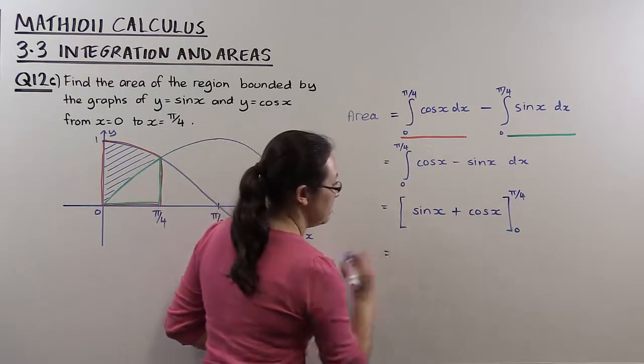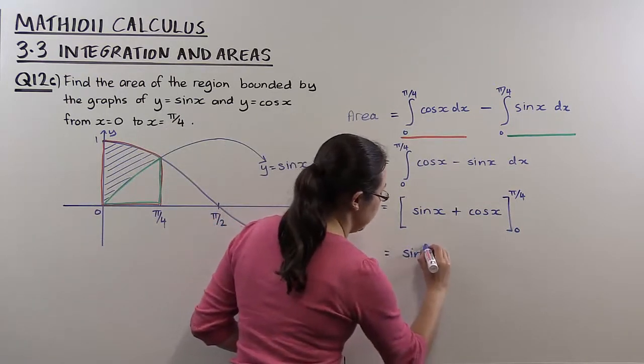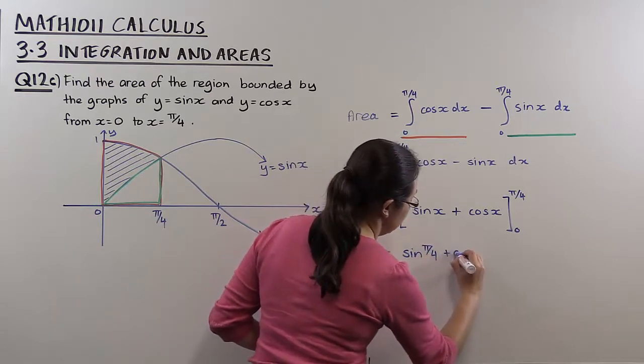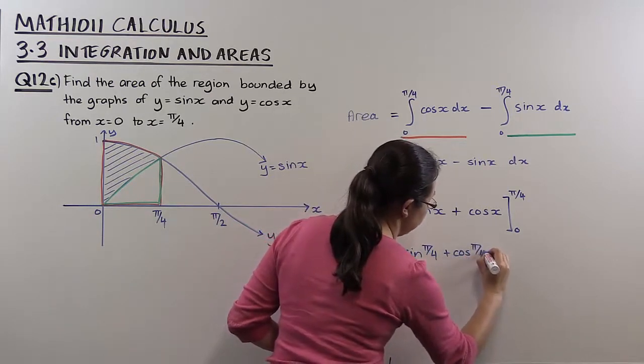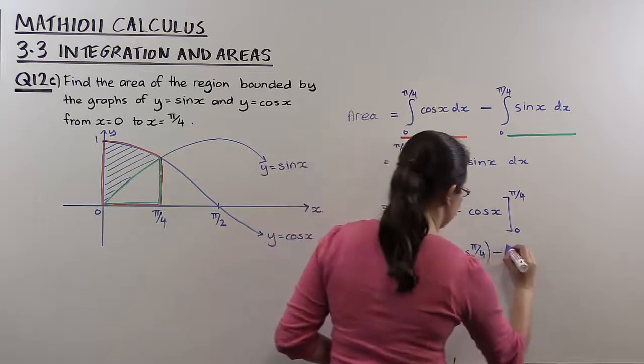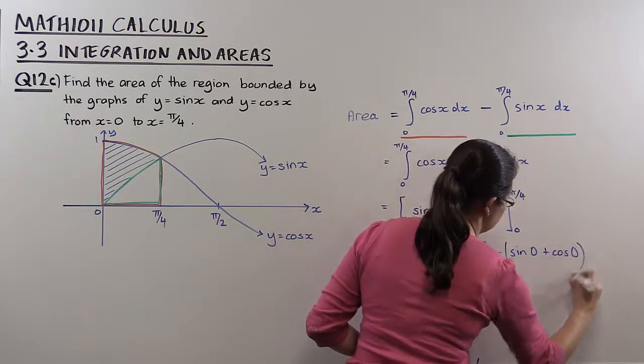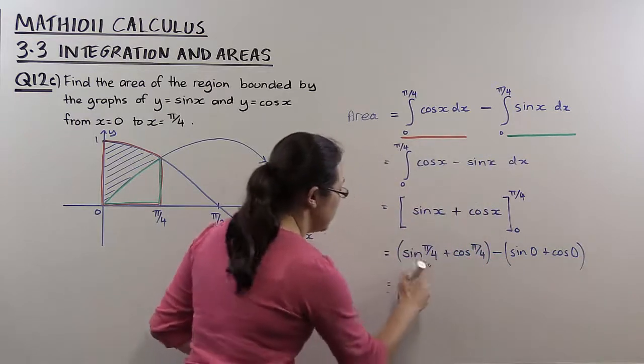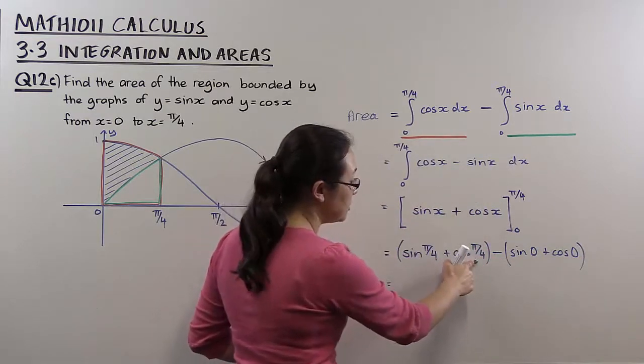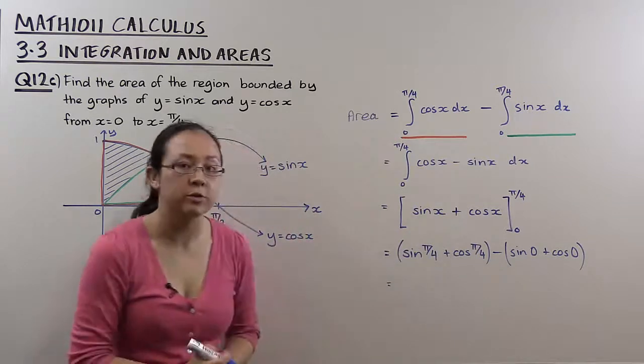And so now we just need to calculate sine of pi on 4 plus cos of pi on 4, and subtract sine of 0 plus cos of 0. Sine of pi on 4 and cos of pi on 4 are both 1 on root 2.